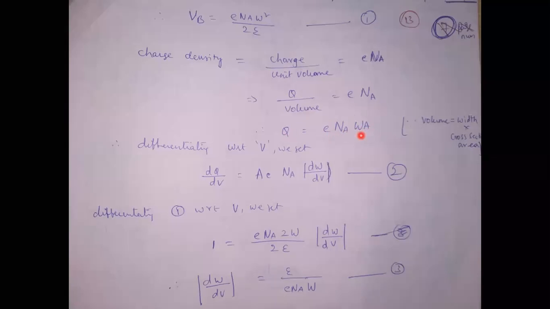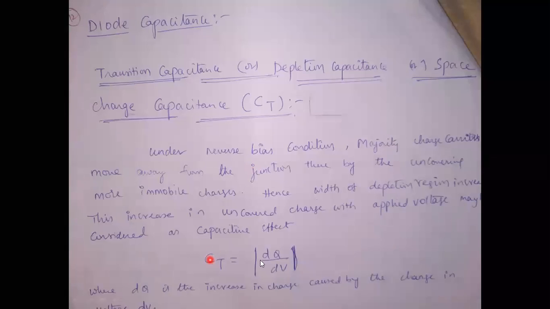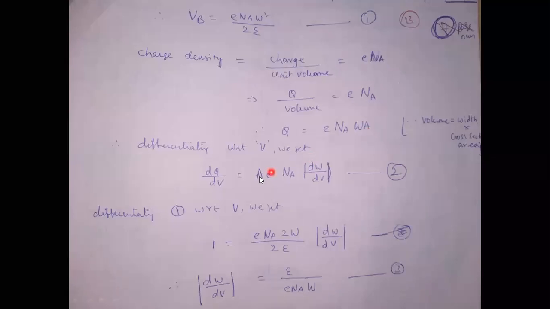What do I want to find? dQ by dV magnitude, because capacitance should not be negative. So I am differentiating with respect to voltage.